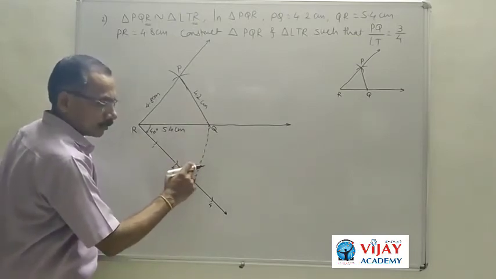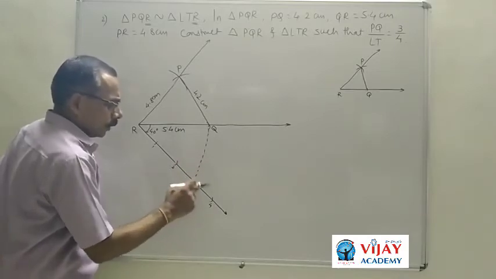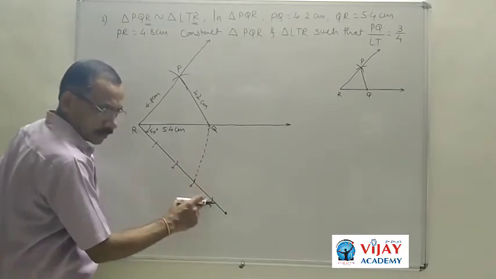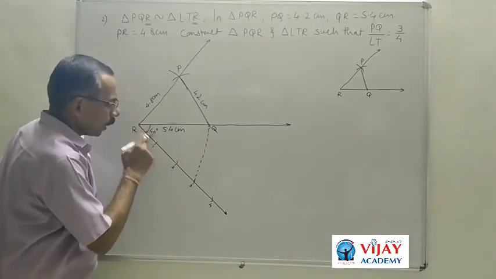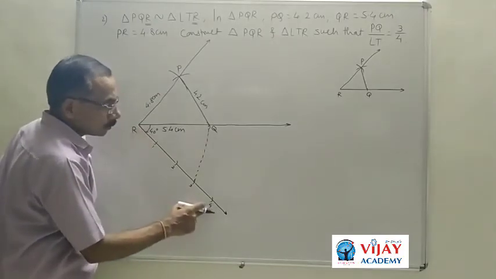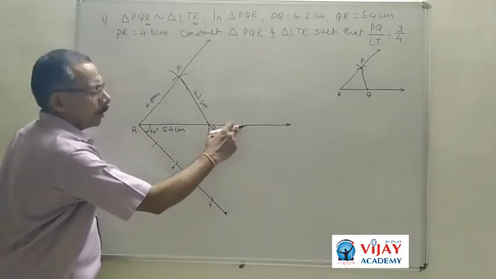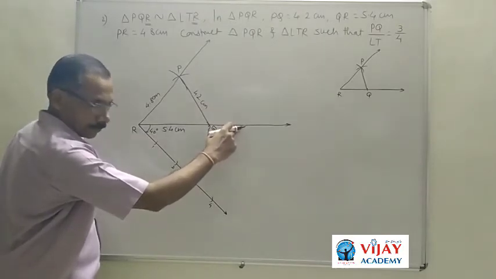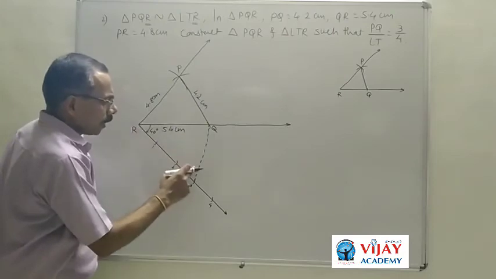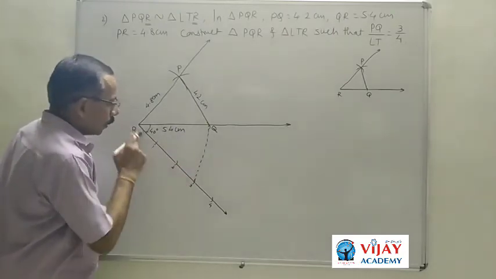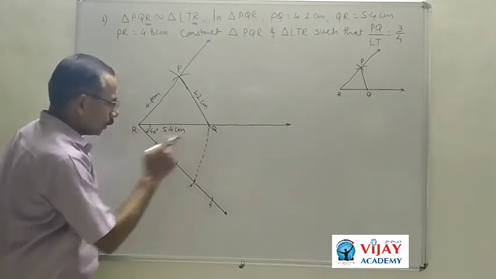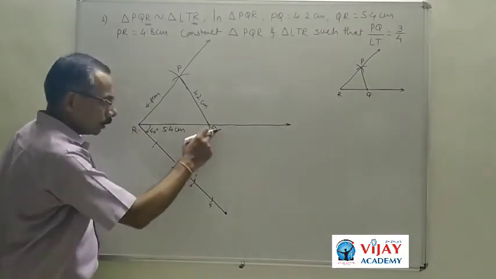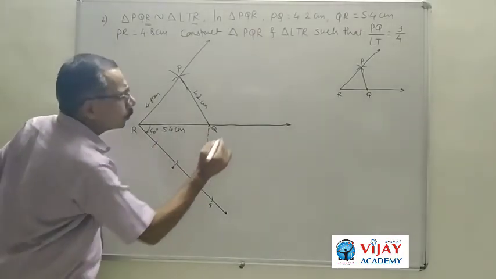Measure this angle, and taking 4 as the vertex, draw the same angle R4T equal to R3Q. The point we get is the T point.